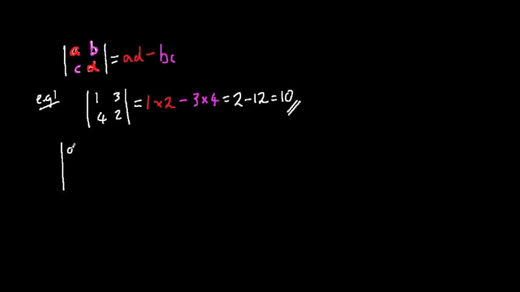Things get a bit trickier for a 3 by 3 matrix. I'm going to show you two ways in which we can calculate the determinant of a 3 by 3 matrix. Here I have my values, and the first method is called the method of cofactors.